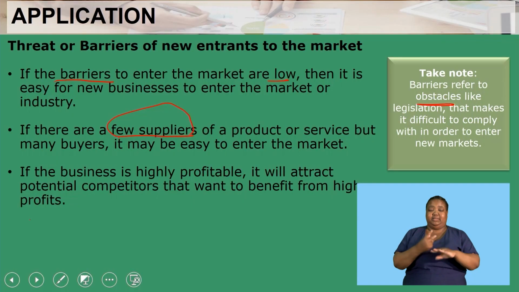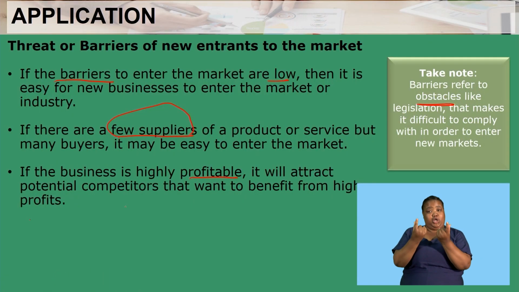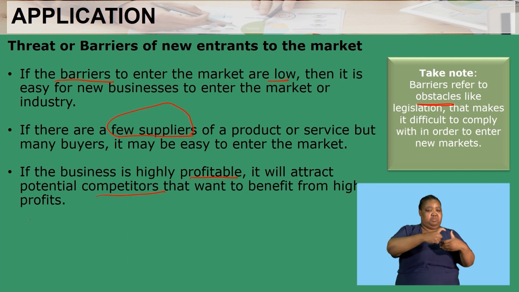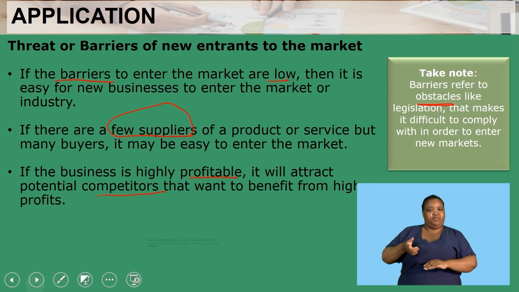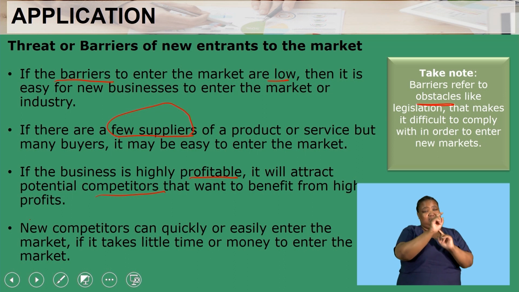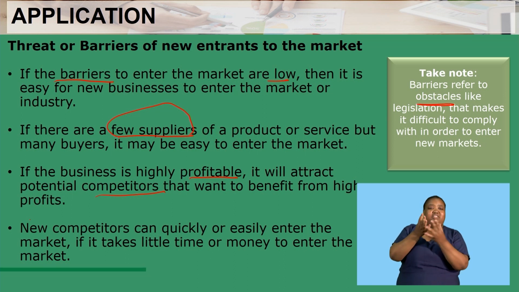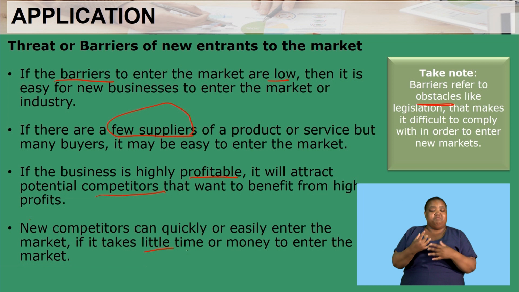If the business is highly profitable, it will attract potential competitors that want to benefit from the high profits as well. New competitors can easily enter the market if it takes little time or money to enter. So basically it says how easy it is for other businesses to enter the market. If it's easier, then more businesses will enter the market.